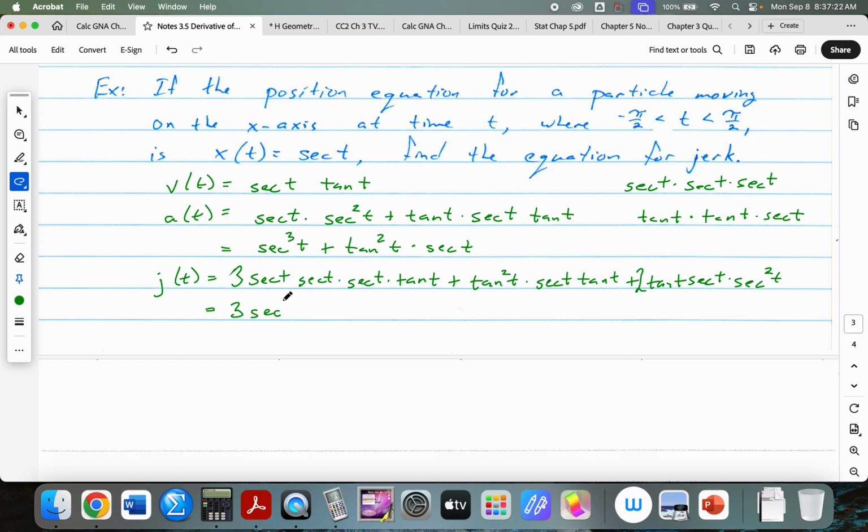So that's 3 secant squared t tangent t plus tangent cubed t secant t plus 2 secant cubed t tangent t.